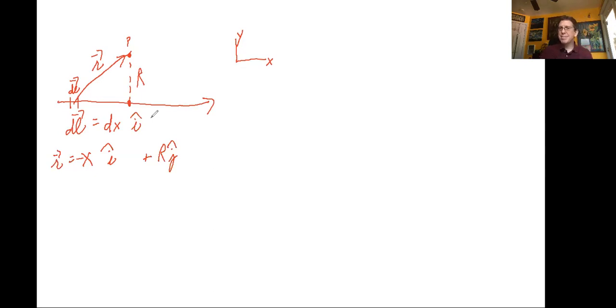Now let's do some of this qualitatively first. So you point your fingers in the direction of the wire, you curl them in the direction towards point P, and your thumb is pointing out. So the magnetic field at point P is pointing out of the board in the positive z direction.